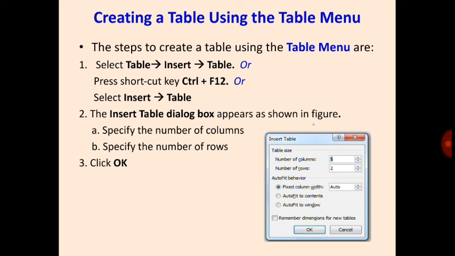And finally we click on the OK button, and a table having the specified number of columns and rows will be displayed at the insertion point in our document. We can use the shortcut key Control plus F2 to invoke the insert table dialog box.